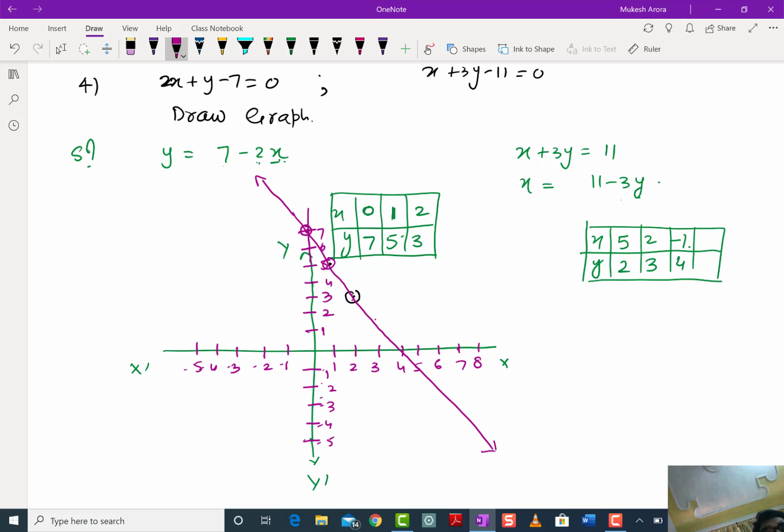So the equation was 2x plus y minus 7 is equal to 0. It is mandatory to write which equation is representing which line and which line is representing which equation. Now we'll go for the second line. x5, y2.